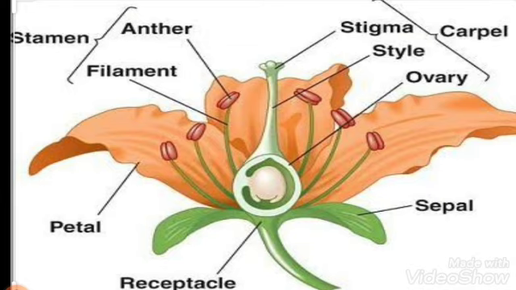Collectively, we call it the calyx, and it is a green leaf-like structure which protects the flower in its bud stage. Now the second whorl is the corolla, which adds beauty to the flower. Do you all know why petals are brightly colored and scented? Yes, because they attract pollinators like butterflies and bees, which help in pollination.